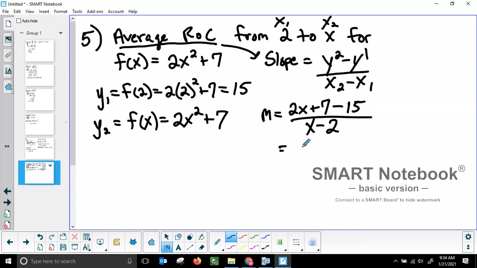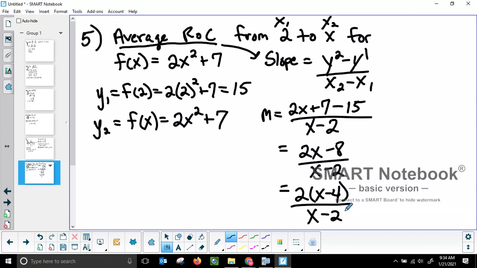So now this is going to be 2x minus 8 over x minus 2. You can factor 2 out here if you want, but it's not really going to do anything. Sometimes you want to, just to make sure nothing's going to cancel. But nothing cancels, right? So whichever one of these two you saw as a multiple choice answer, probably this one, would be what you would select.